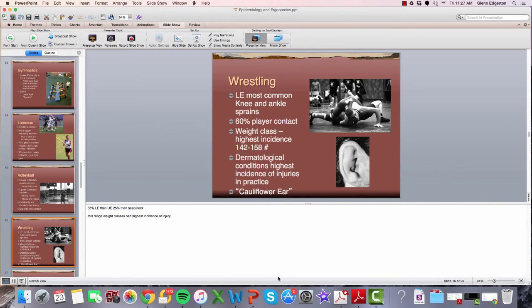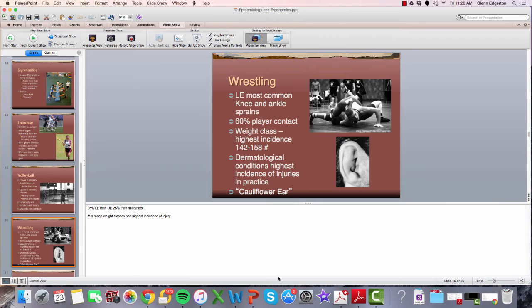Wrestling, a lot of the injuries here are player contact because of the amount of touching and grappling that goes on with wrestlers. Lower extremity, most common, knee and ankle sprains. But again, a lot of contact injuries in this sport. And the weight class that has the highest incidence are the 142 pounders to 158 pounders.